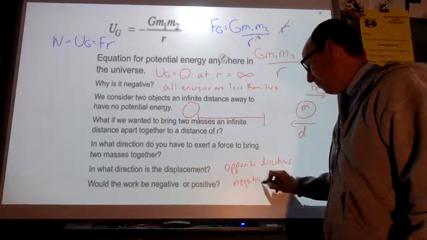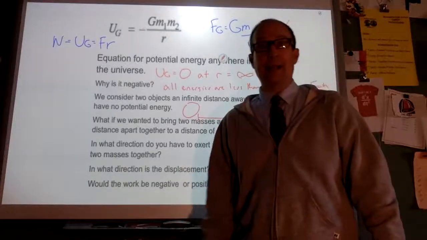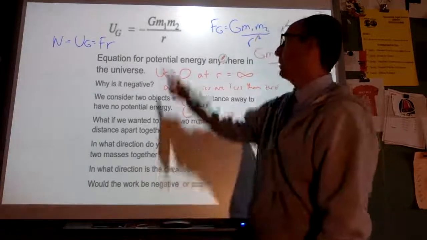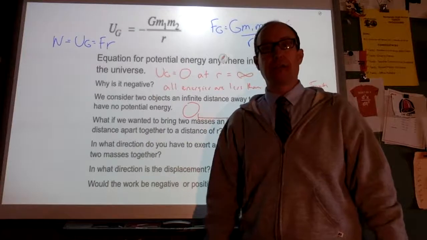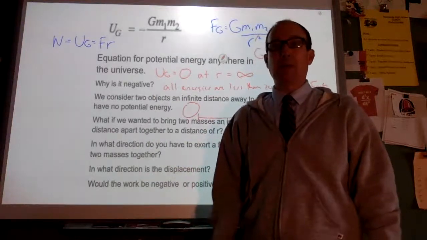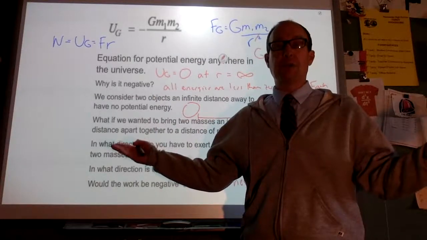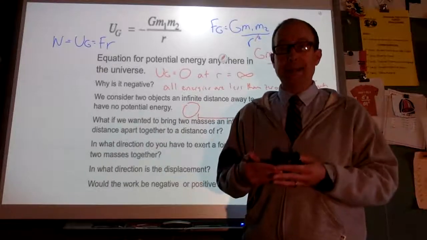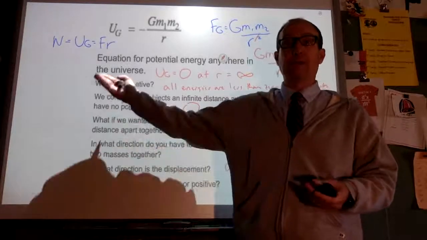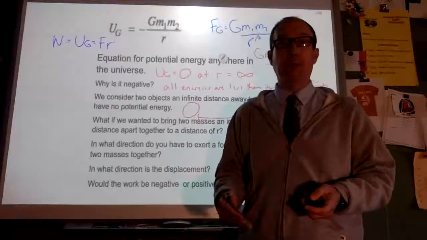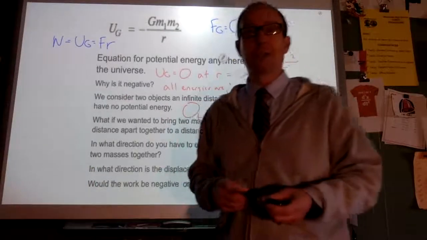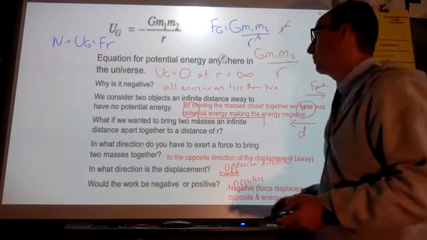And if we're saying that work is the same as the change in energy, if my work is negative, the potential energy is negative. So any way you want to think about it, if you want to think about the reference as being zero and go from there, it has to be less. Or if you want to think about the work you'd have to do to take it from infinity to that point. Those are both explanations that will work.